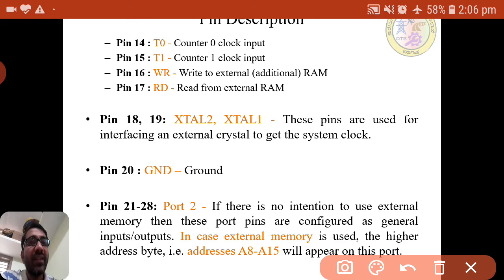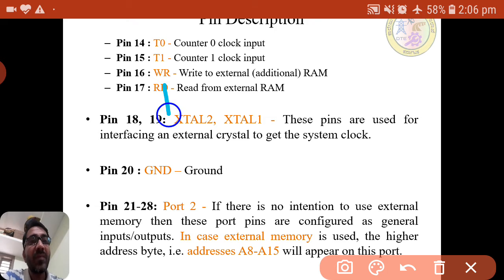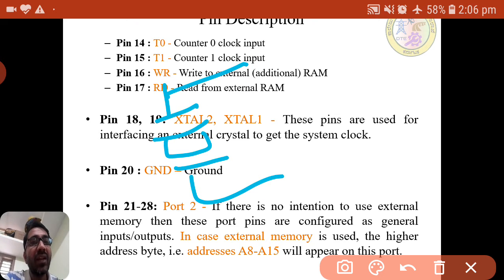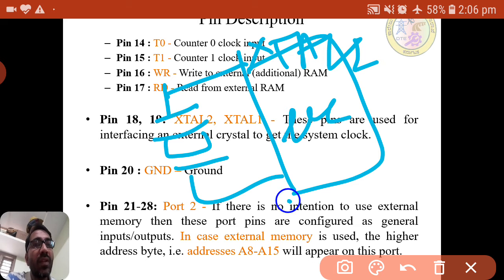Okay, then the next ones, pin numbers 18 and 19. These pins are used for generating the clock. For example, an external crystal will be connected to the microcontroller, at XTAL2 and XTAL1.